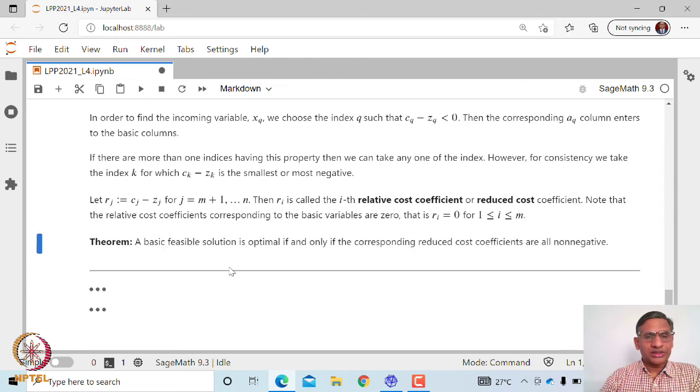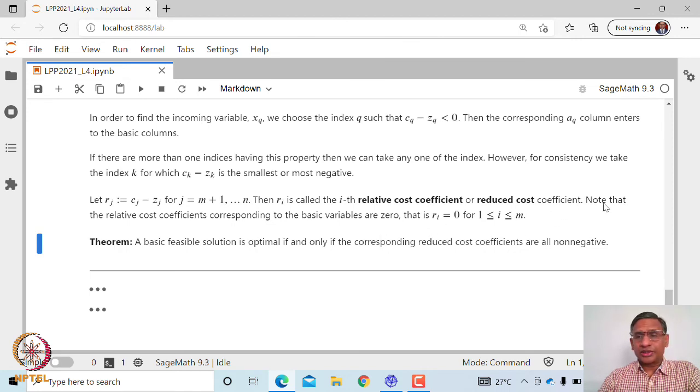So this gives a result which says that a basic feasible solution is optimal if and only if the corresponding reduced cost coefficients are all non-negative. So at any stage, if you find all the reduced cost coefficients with respect to the non-basic variables are non-negative, then you have reached the optimal solution. That is the meaning here.